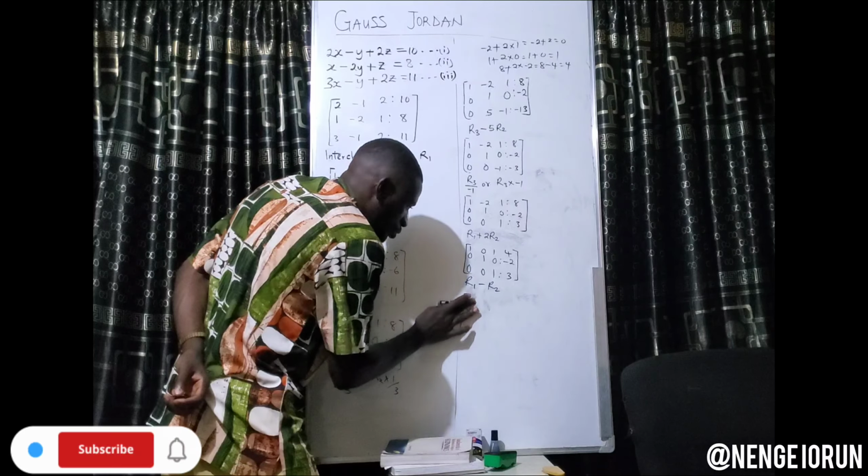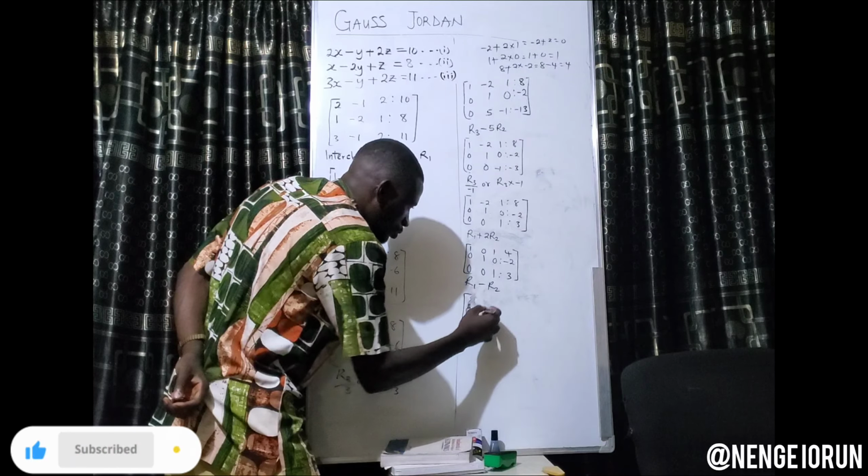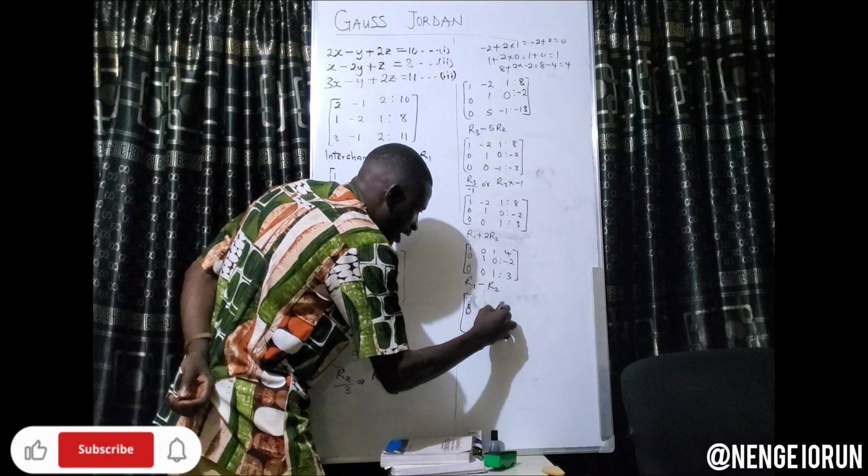in such a way that row 2 will stand. Row 3 will also stand. And this first element too will stand.